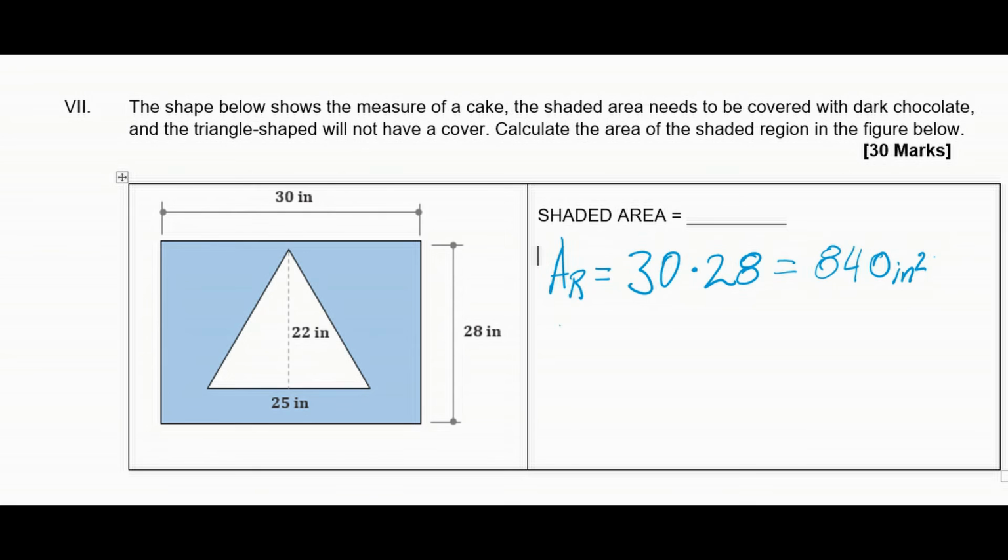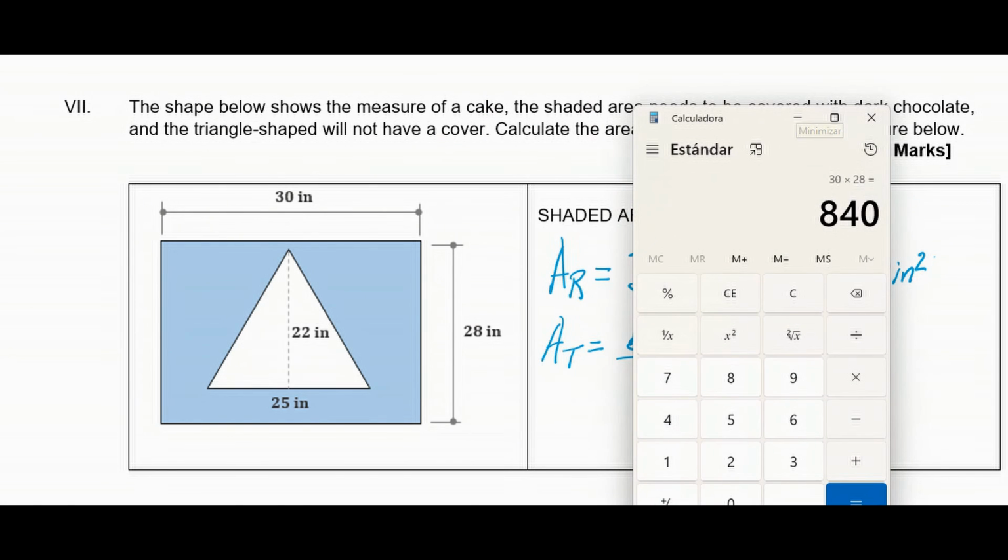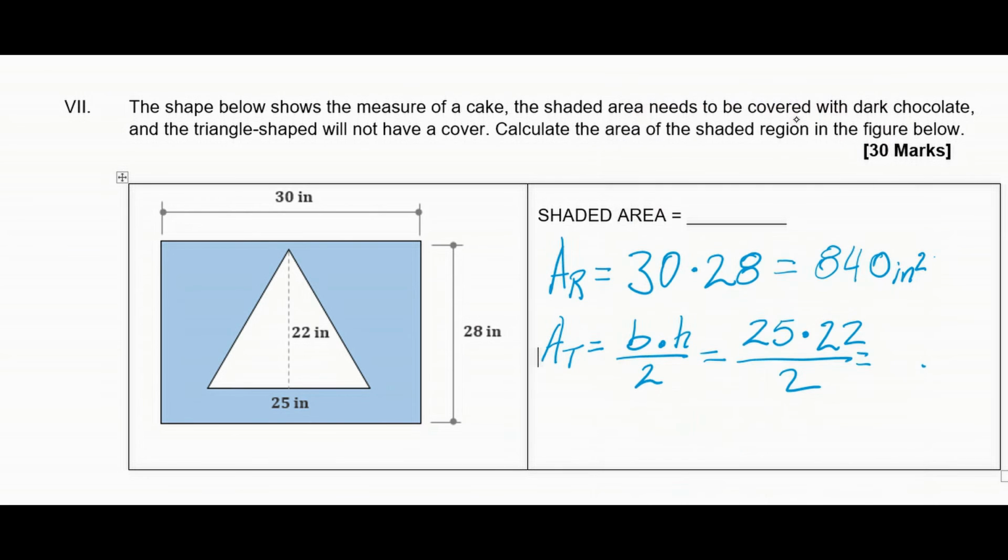Now, the area of the triangle. Base times height divided by 2. That's the formula. And we know the base is 25 inches times 22 inches divided by 2. How much is 25 times 22? It is 550.